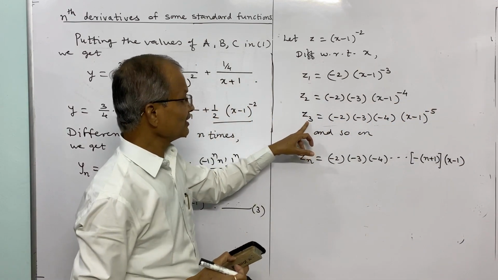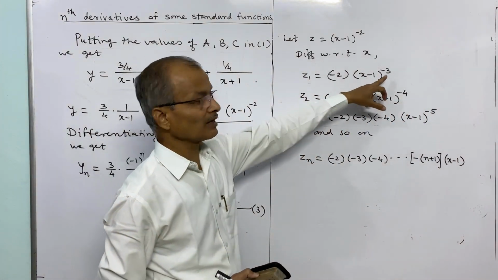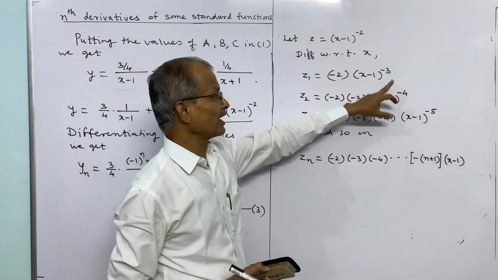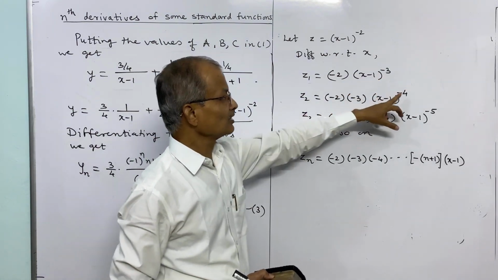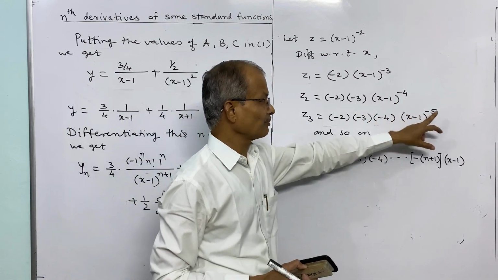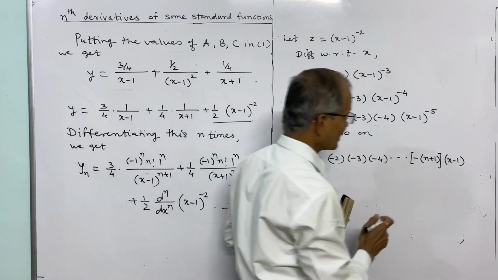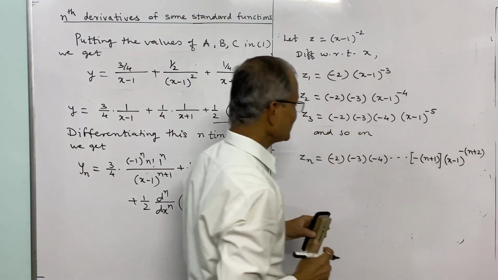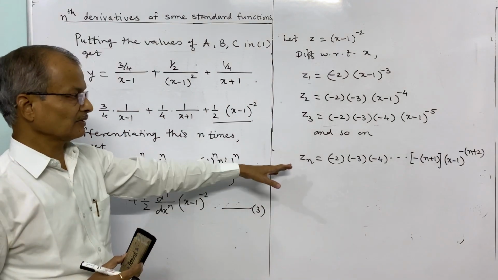Here it is minus 3, and the number is increased by 2: minus of 1 plus 2, minus of 2 plus 2, minus of 3 plus 2. So n gives minus of n plus 2. So this much is zn, the nth derivative.